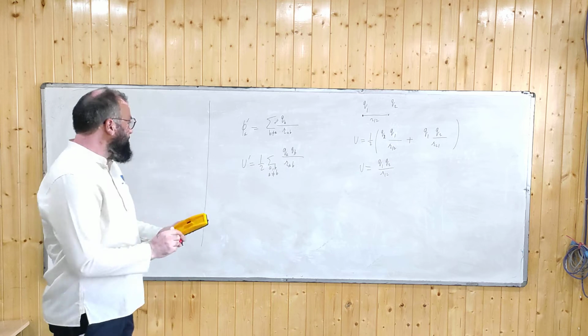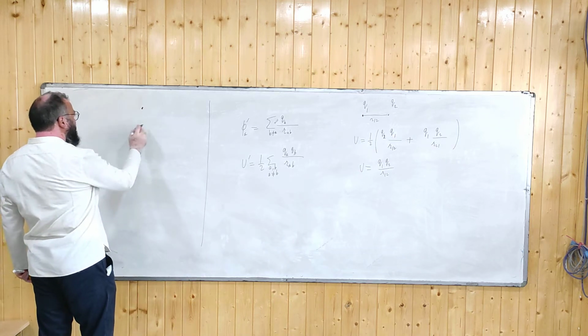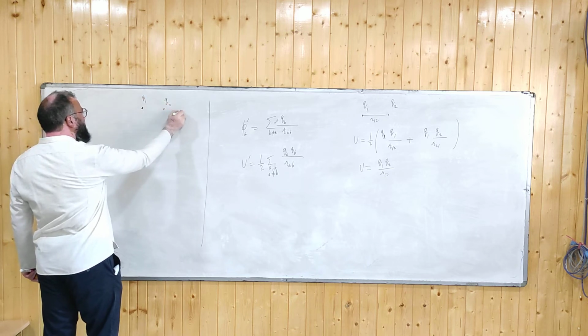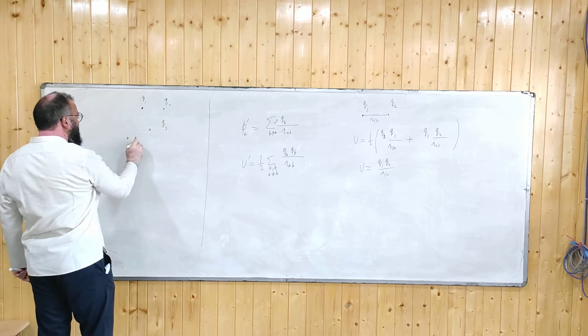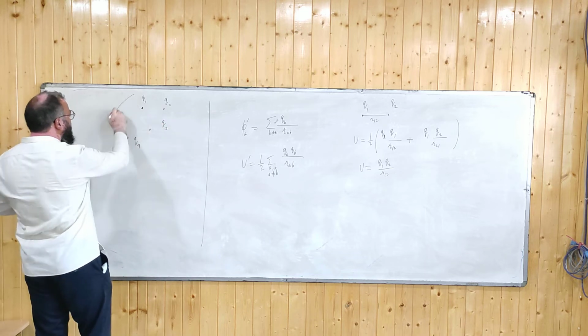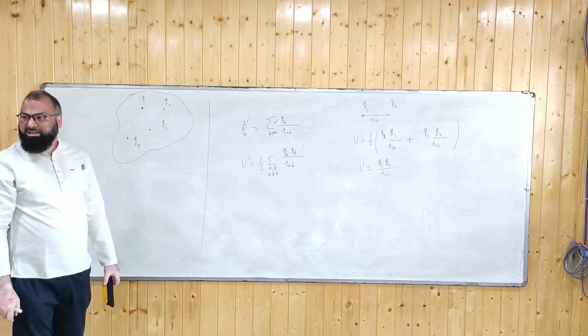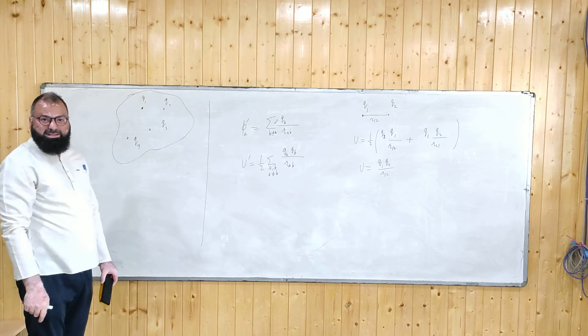Clear? So let's take point charges, say Q1, Q2, Q3, Q4. You assemble them in this way. Now how much energy does it take? This will give the interpretation of this result.